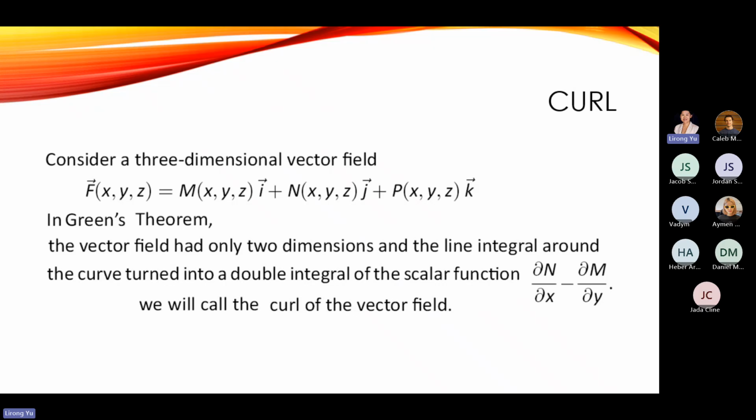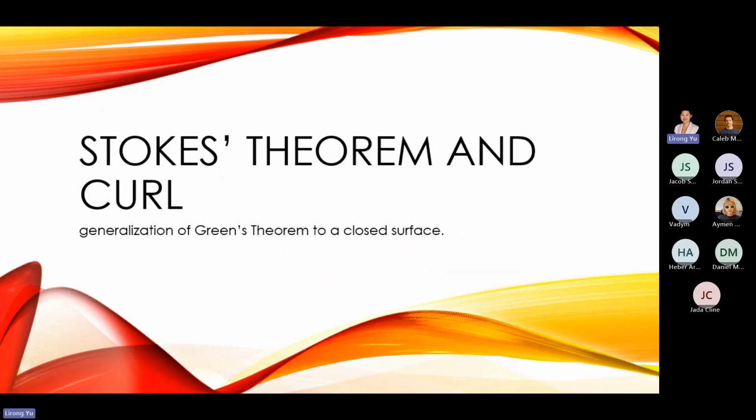So we want to ask whether the 2-dimensional Green's theorem can be generalized to a 3-dimensional curve and 3-dimensional surface. That's really the main idea of Stokes theorem. Stokes theorem is a 3-dimensional version of Green's theorem. Both of them convert a line integral into a double integral.